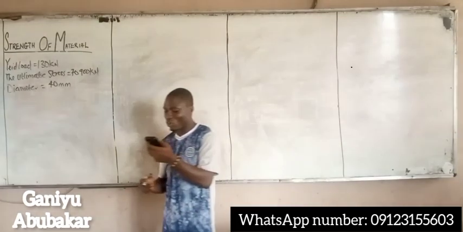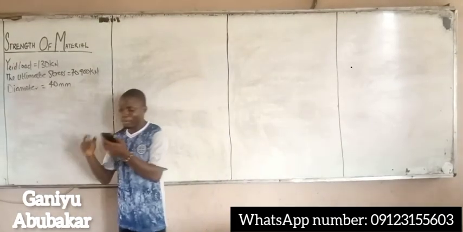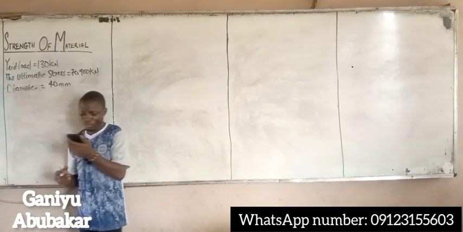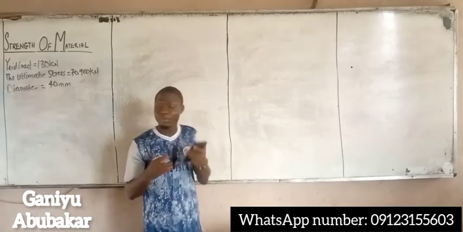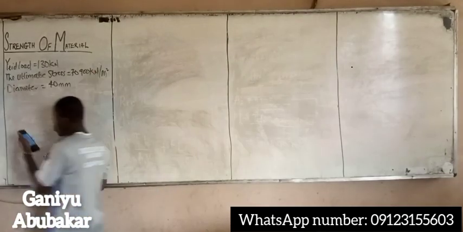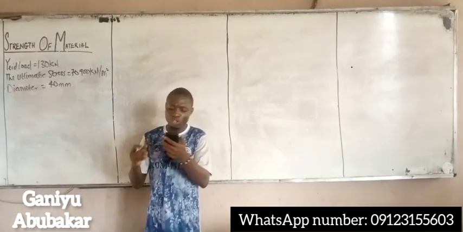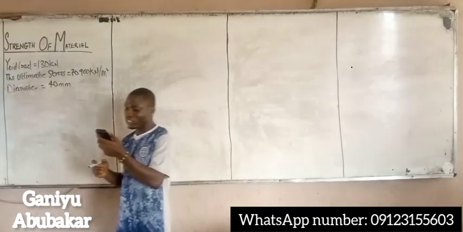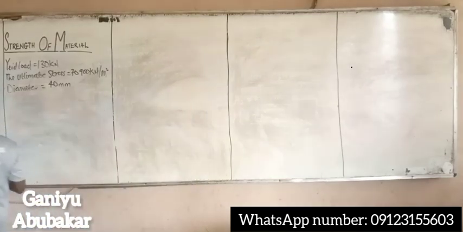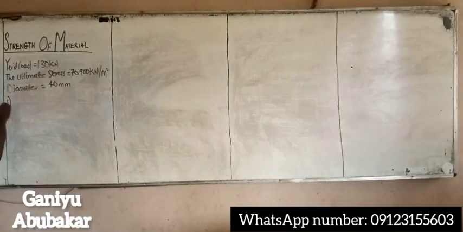The ultimate stress was 7,900 kilonewton per meter squared. Given diameter was 40 millimeter. That's all. So number one, calculate the maximum load.